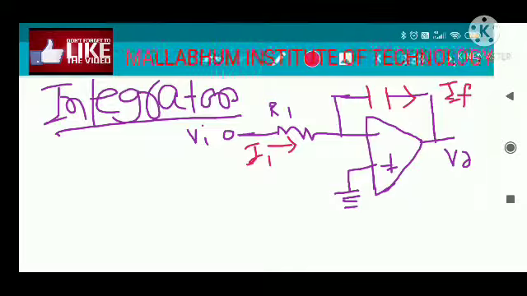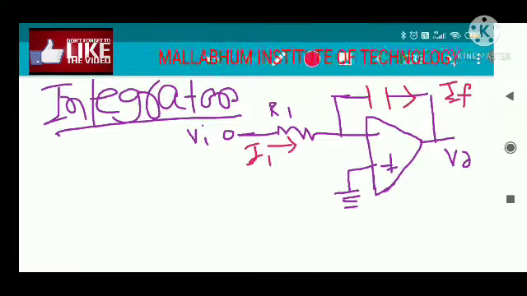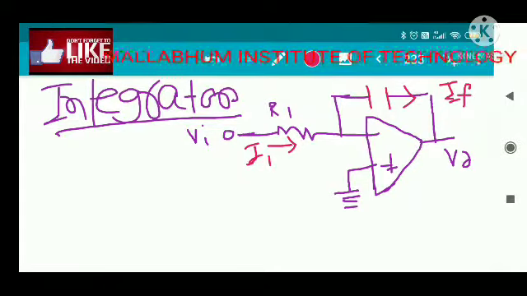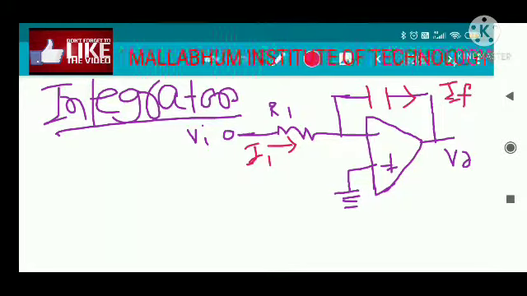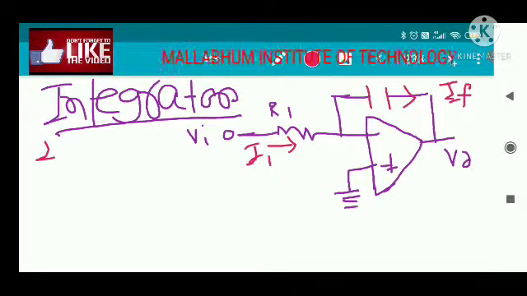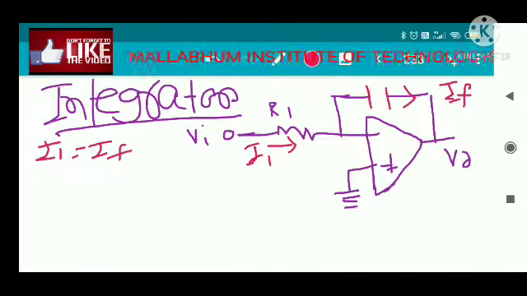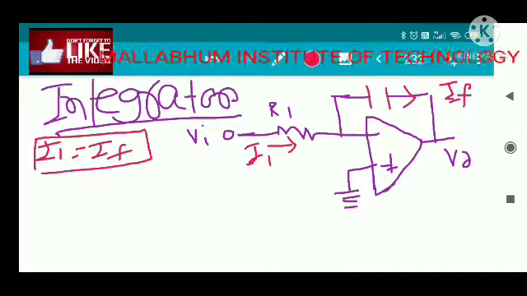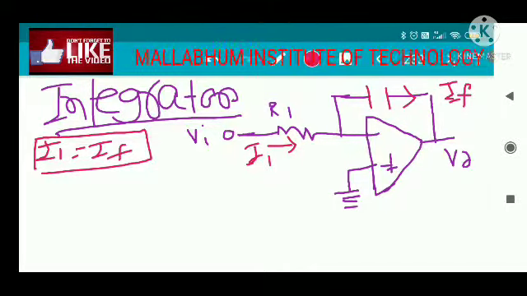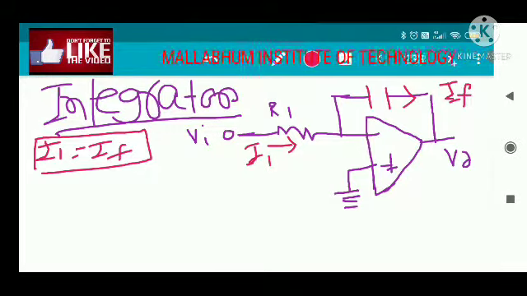You can see from the circuit diagram that this circuit is exactly equal to the inverting amplifier, with a small difference: a capacitor in the feedback instead of the feedback resistance. The analysis is the same, and we will follow the same procedure. That means I1 is equal to IF. That is the procedure for every analysis of the linear applications of the operational amplifier.